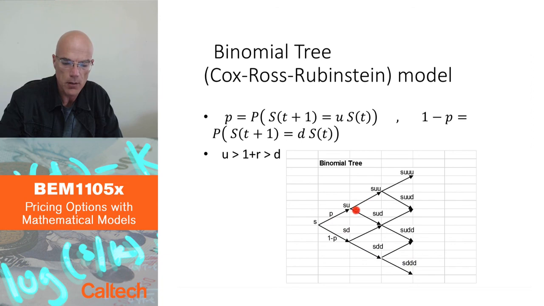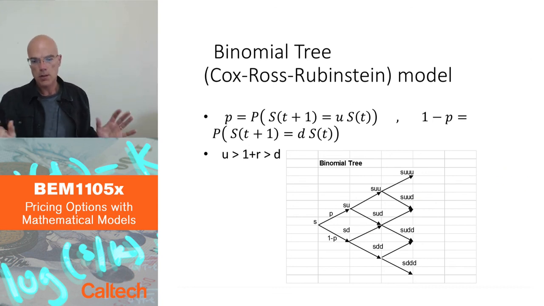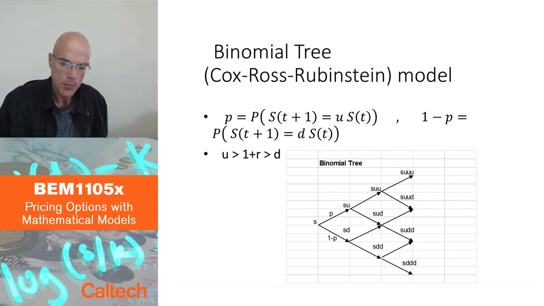One consequence of this is that going up and down is the same as going down and up. If you multiply by ud or du, you get the same thing. So we call this a recombining tree. An up and down move brings you to the same value as the down and up move. Yeah, so it looks like this. That's going to be the benchmark discrete time model we are going to be pricing options in.